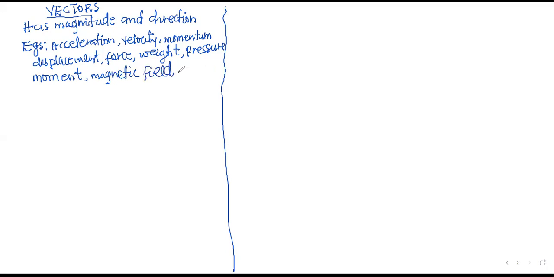Angular momentum. Once you talked about magnetic field, let's also talk about electric field. I think we've listed more than 10. So these are vector quantities.